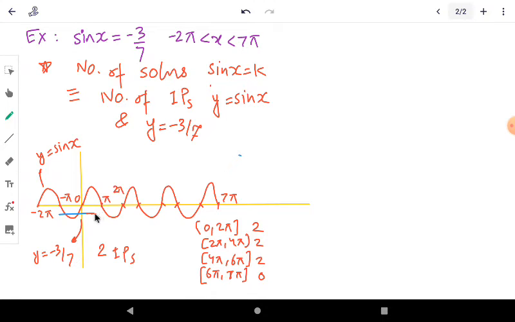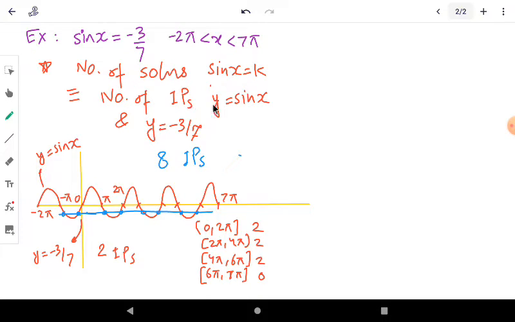If I extend this line like this, we can count: 1, 2, 3, 4, 5, 6, 7, 8. So either we can do it by reasoning, or we can draw the graph till the interval they have given. That also can be done. So in totality there are 8 intersection points.